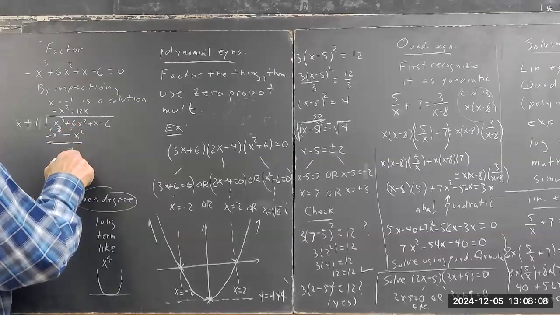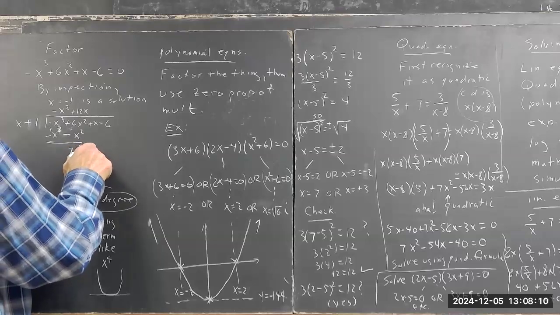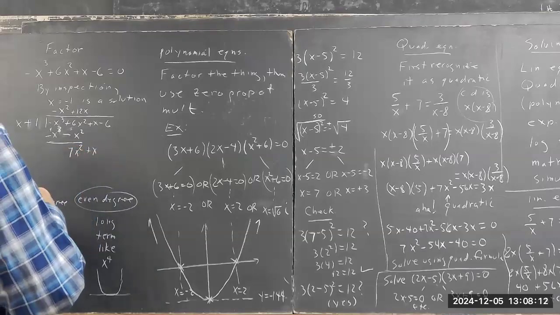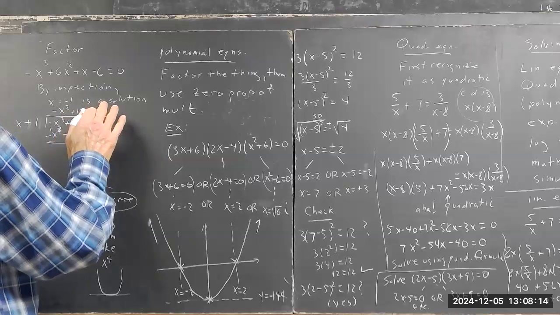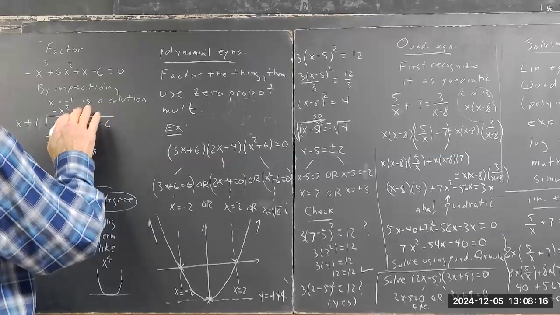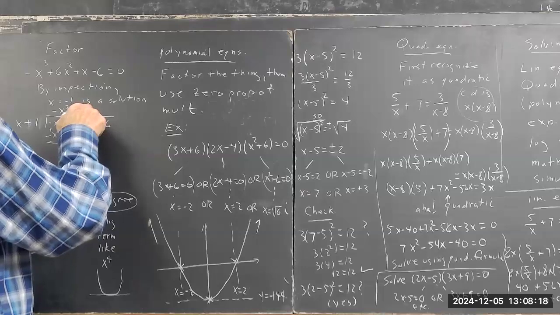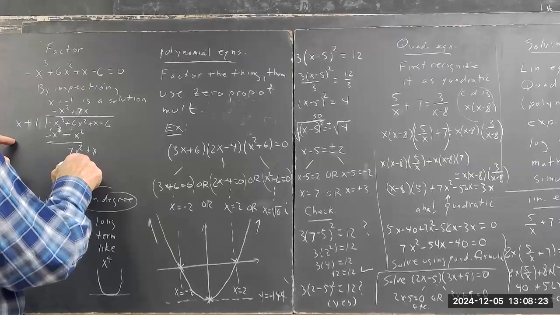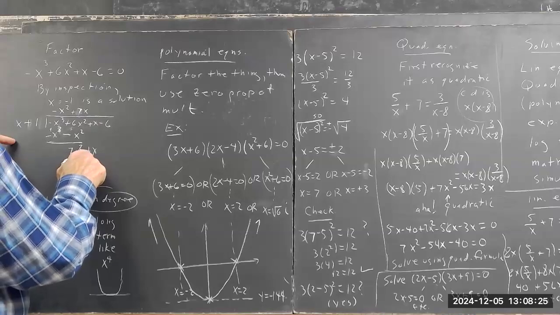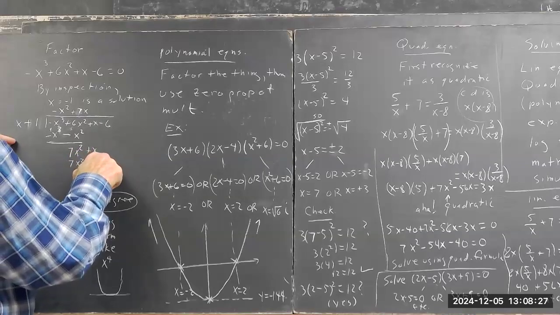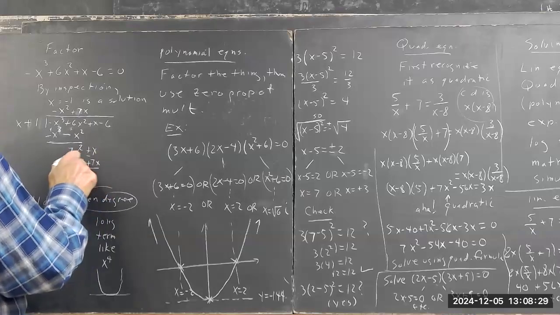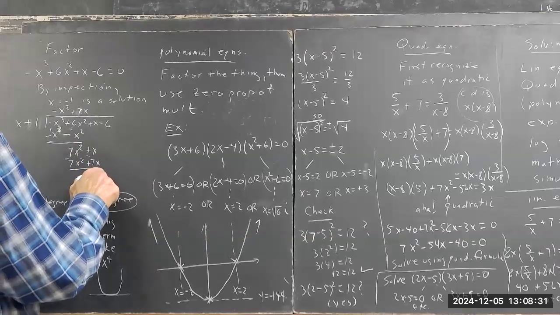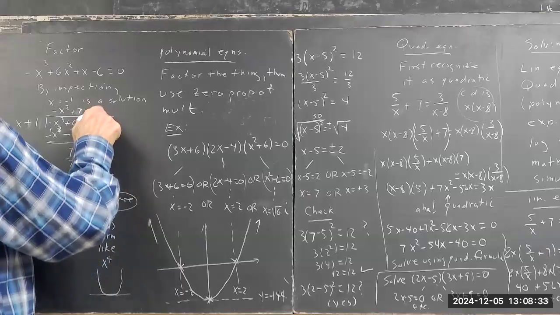If that's going to be a plus, that's going to give me 7x squared plus x. So that's going to give me a plus 7x. And then I come down here, I get 7x squared plus 7x. I'm really subtracting here and subtracting here gives me -6x minus 6.